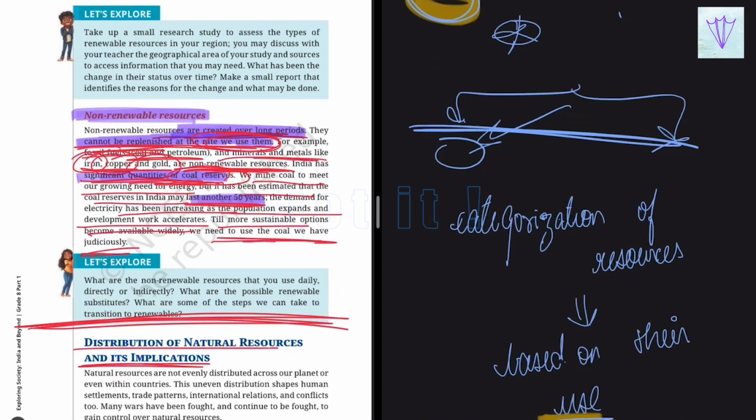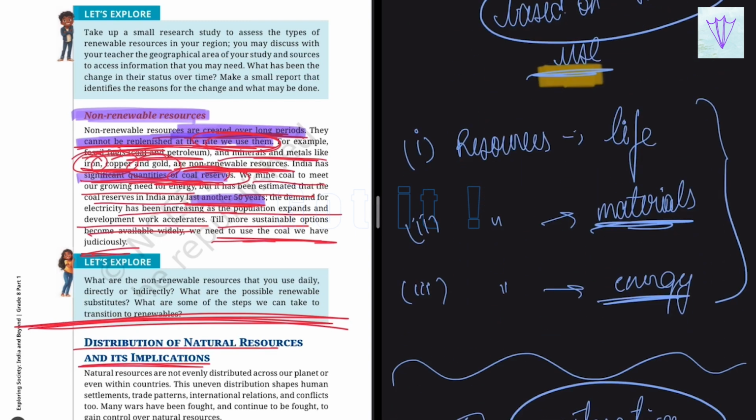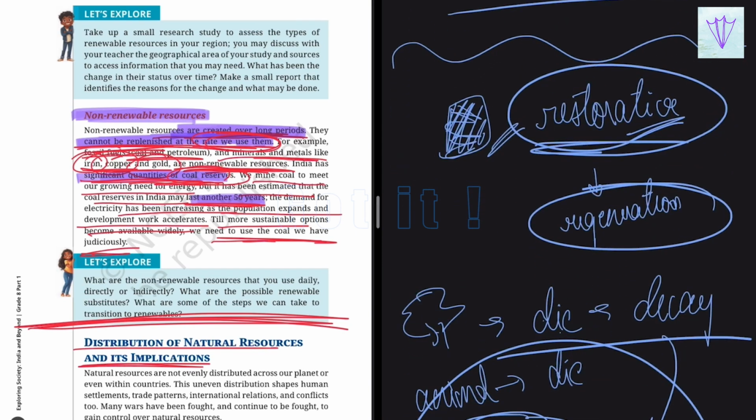And resources can be categorized based on various categories. So the first is based on how we use them. So resources can be classified as resources for life, resources for materials, and resources for energy. And there is a difference between restoration and regeneration. Restoration in the sense something which already existed but was damaged will be restored.